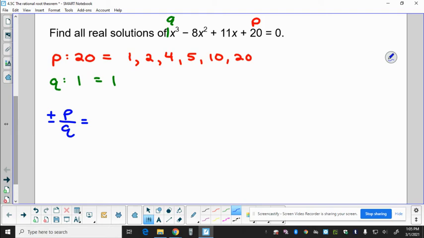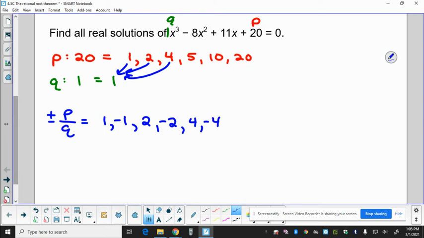So you get the hang of it here. What I'm going to do is match these up. P to Q, that'd be 1 to 1. So that'd be 1 and -1. You list the positives and the negatives. And then 2 over 1, which would be 2 and -2. These are all ratios. And then 4 over 1, which would be 4 and -4.